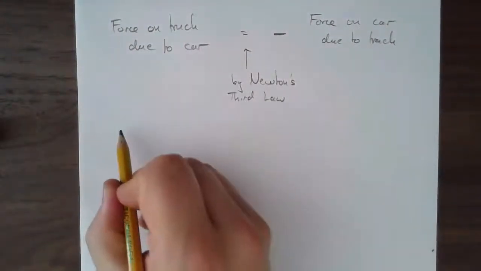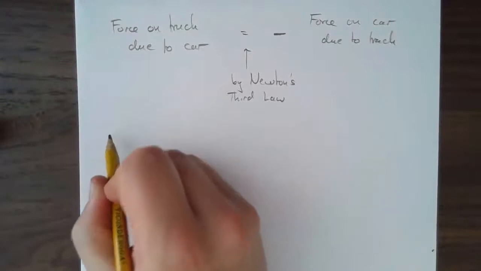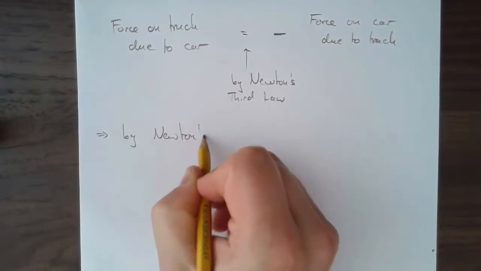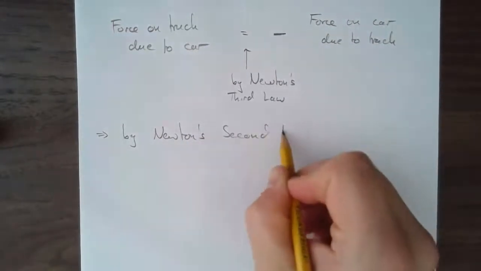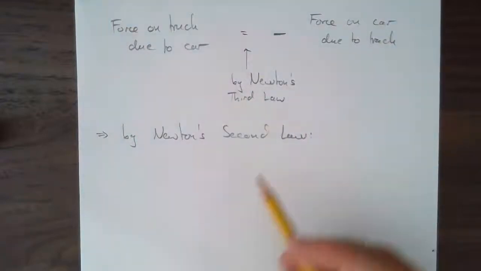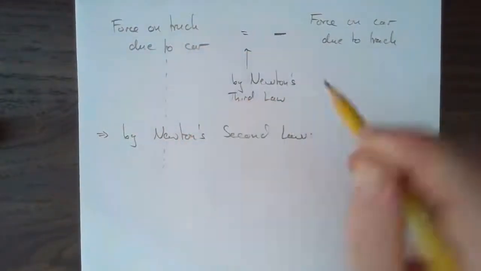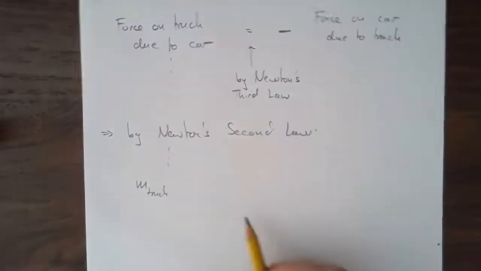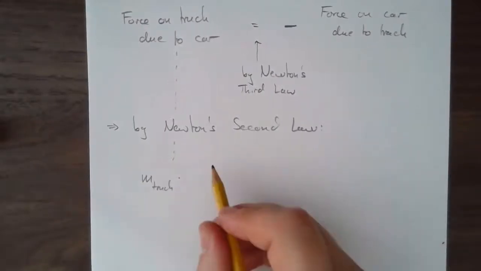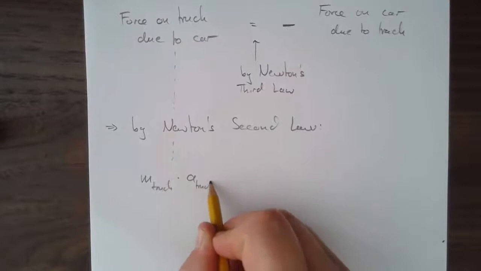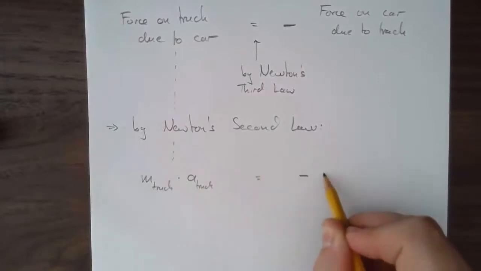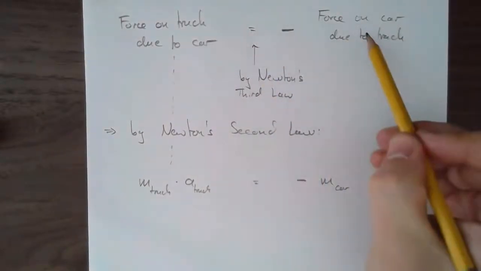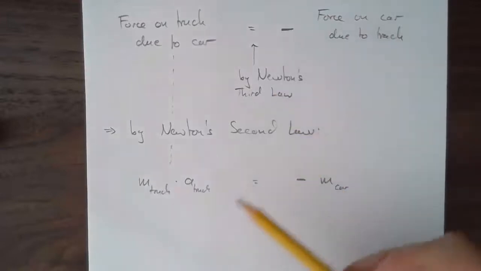So that means I can use Newton's second law. So by Newton's second law, I can say this becomes the mass of the truck, if I write m truck, you know what I mean, times the acceleration of the truck, then will be minus the mass of the car, because the force due to the truck is the only force acting on the car for all practical purposes.